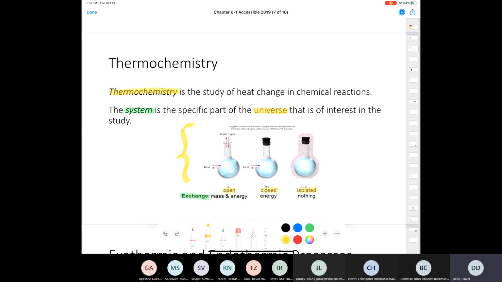Because there's no insulating material, and so it's still able to exchange heat, energy, with the surroundings or the universe. And finally, in an isolated system, this is where we have not only the vessel closed off to the universe, but it's also insulated. And so it can exchange neither mass nor energy. So 3 types of systems that you need to be aware of moving forward in this class.